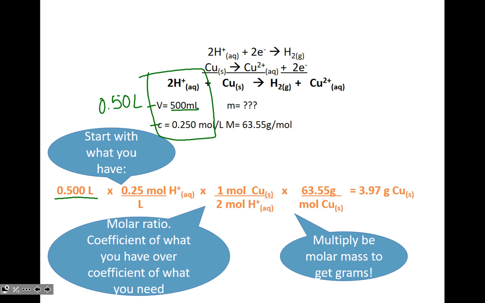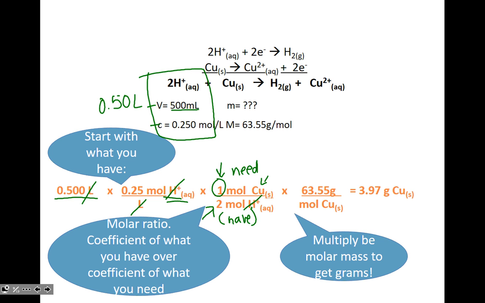If I'm looking for volume, I don't really have to worry about that if it's in milliliters because your answer will be in milliliters, but I'll show you an example. So this will cancel out, giving your answer of moles of hydrogen. Remember from stoich, in your denominator you have the moles of what you have, and this is the coefficient of the moles of what you need. I have the information for the hydrogen, so that cancels out, and then I want the information for the copper.